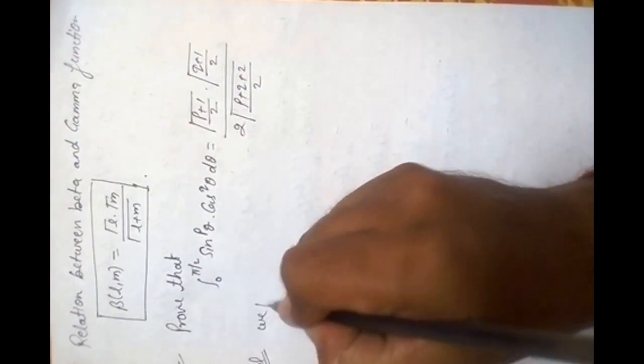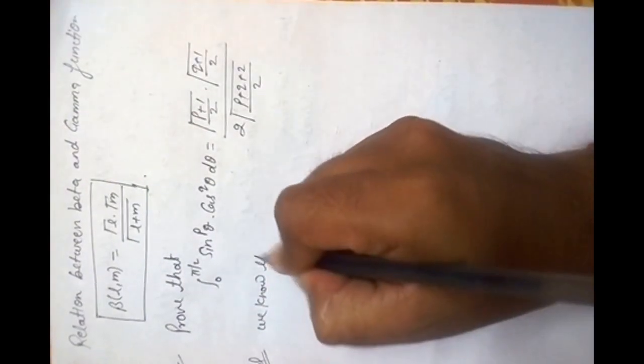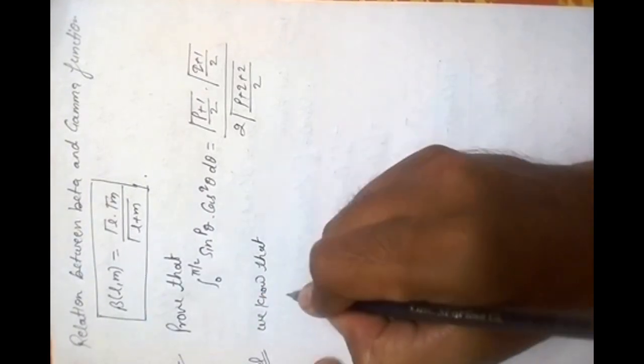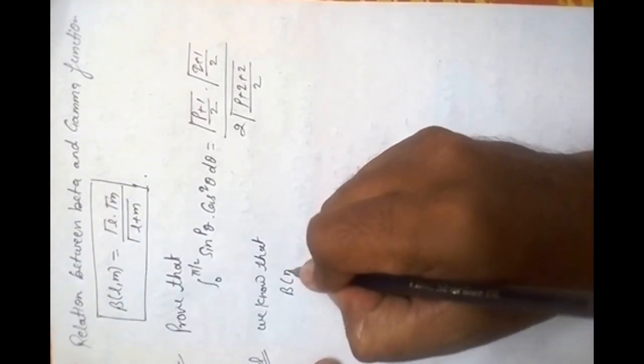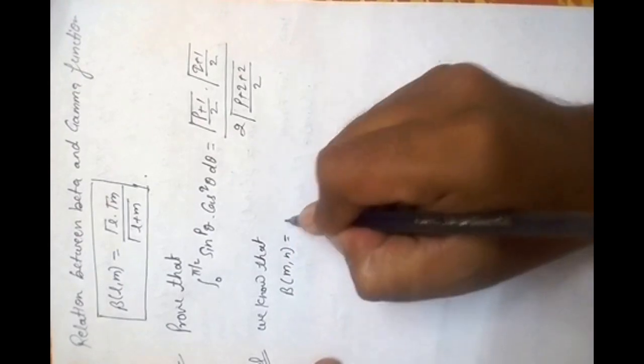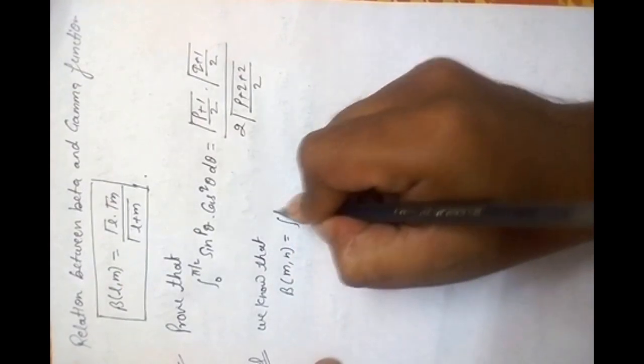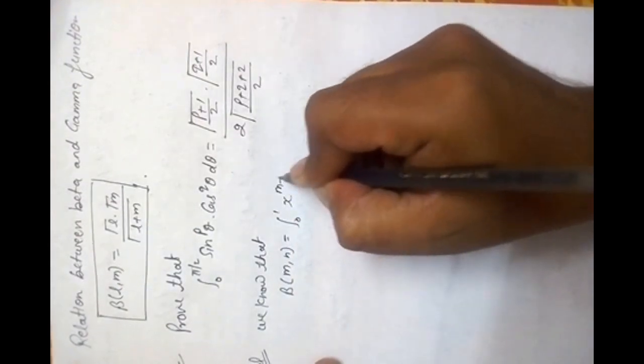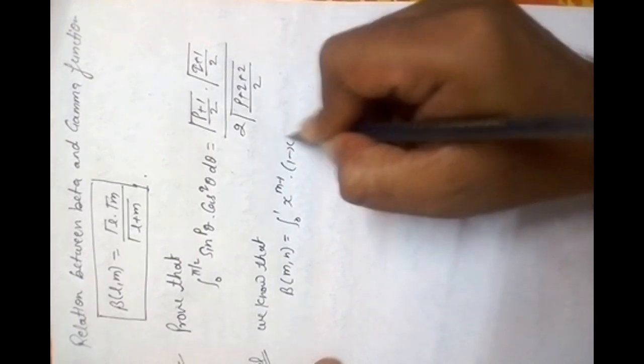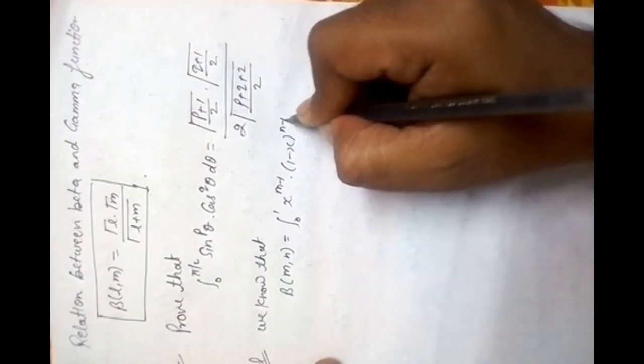As we know that the formula of beta m comma n is equal to integral 0 to 1 x power m minus 1 times 1 minus x power n minus 1 dx.